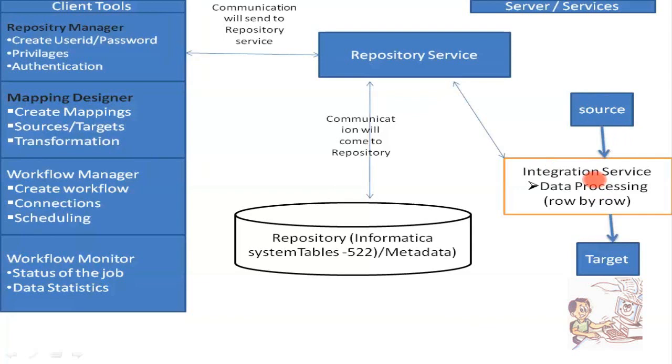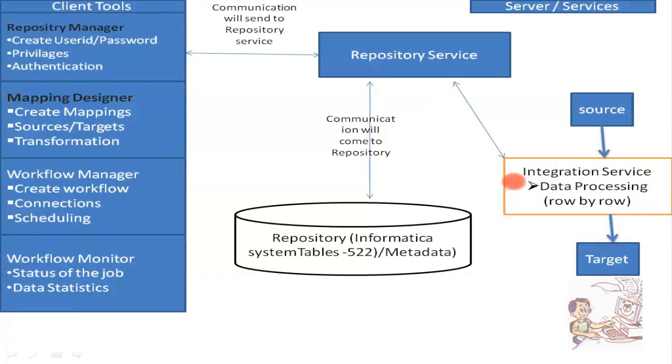Then it will calculate the transformation logic. It will apply the transformation logic here. So suppose you have a filter like DEPT equal to 10, if it is 10, it will return true to the integration service. If it is not equal to 10, it will return false. And if you consider expression, one record is coming: first name, middle name, last name, if else, IIF, DECODE.